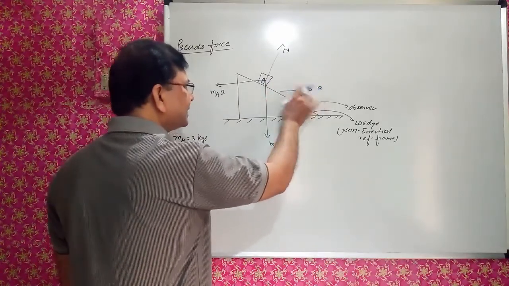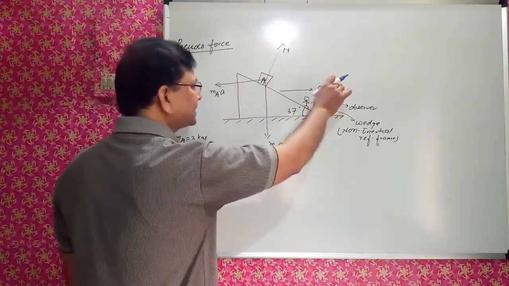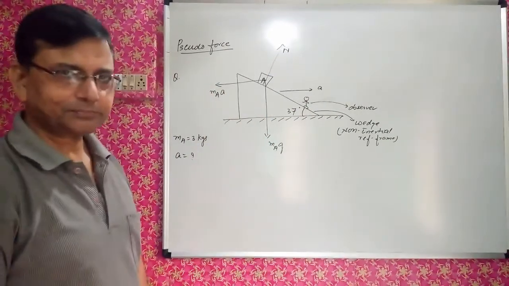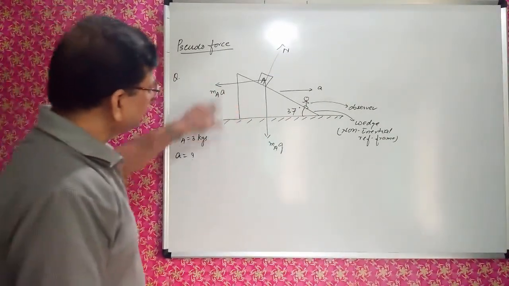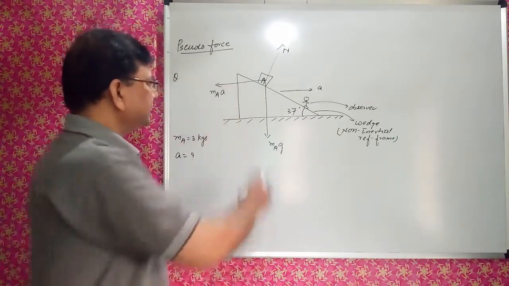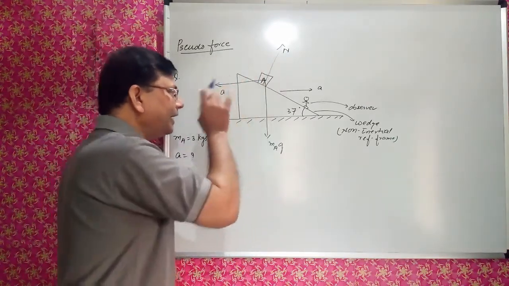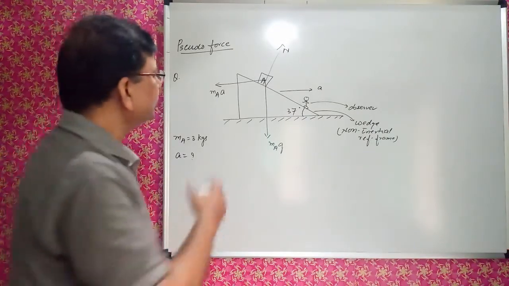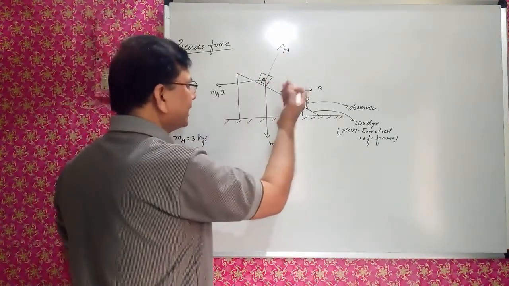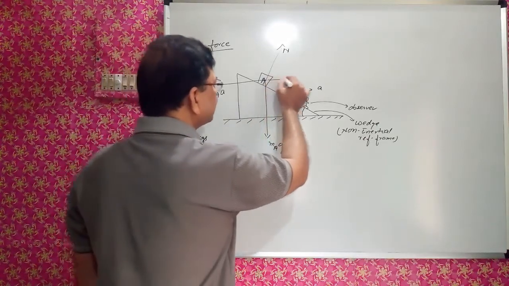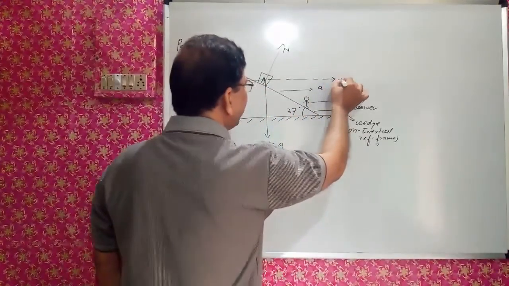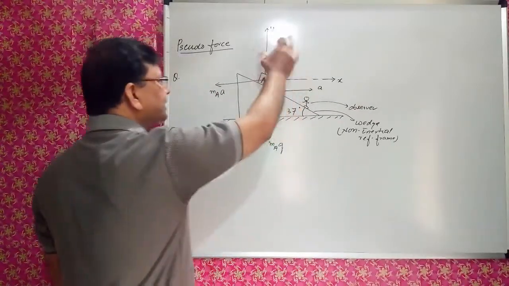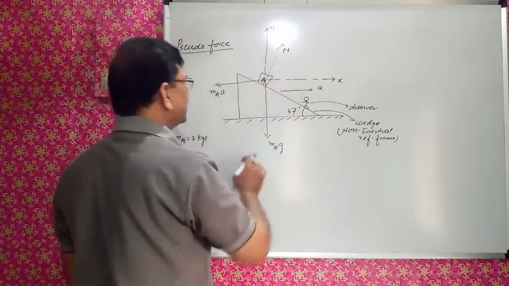The wedge is moving with acceleration, this is also moving with the same acceleration. So a pseudo force is acting on this, right? So these three forces act on the mass and the net force must be equal to 0, right? So we will resolve these forces in two perpendicular directions. Suppose this direction I have chosen as x and this direction as y. So we can resolve this force.